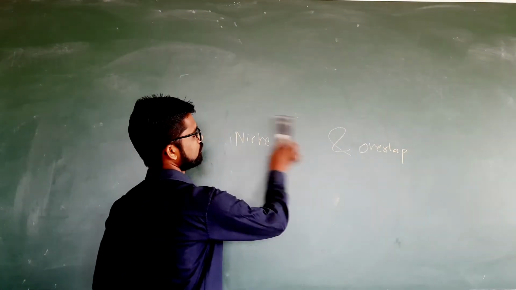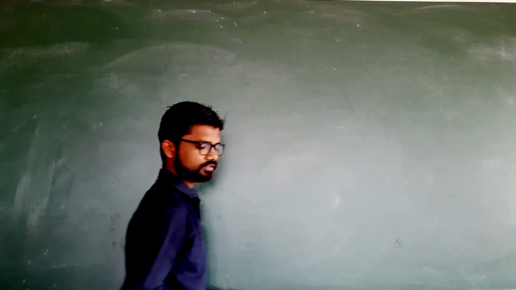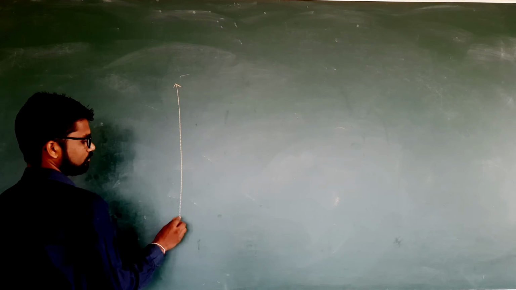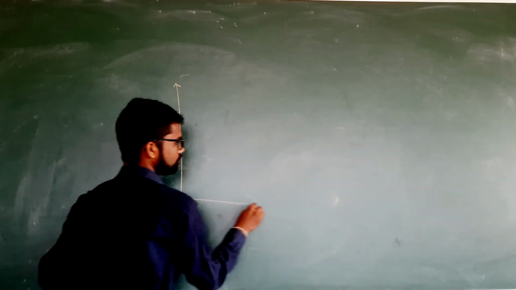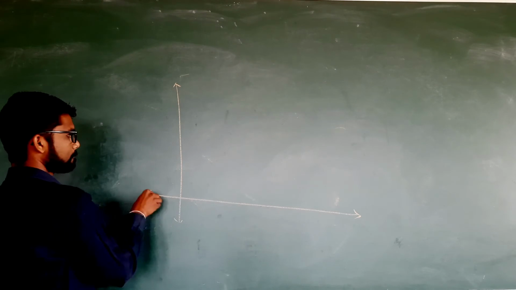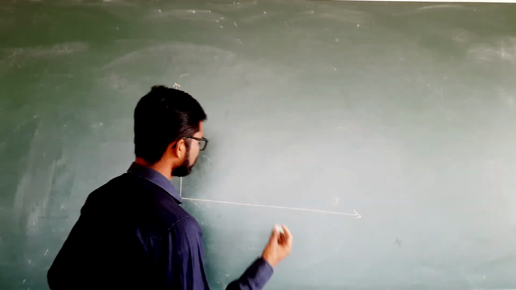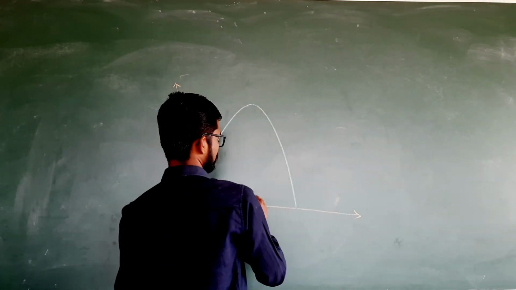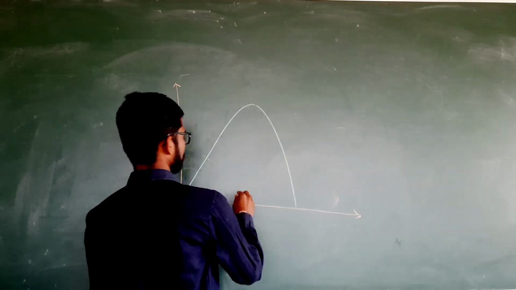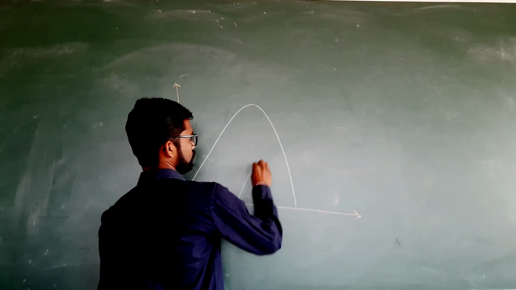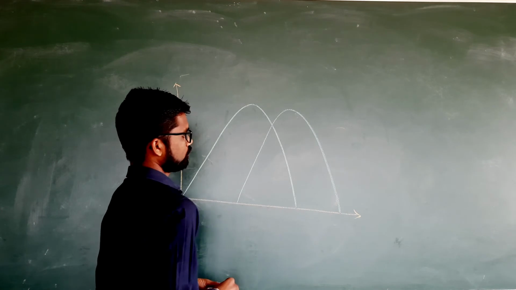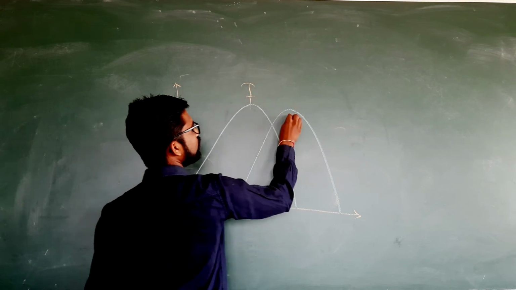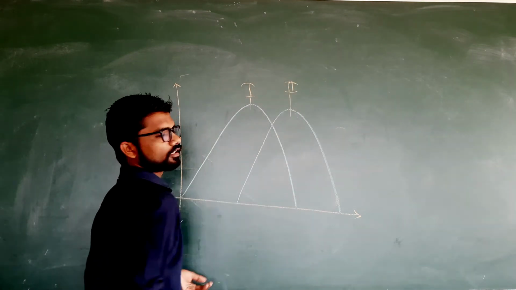We discuss this with the help of the graph. There are two types of organisms, the first and the second.